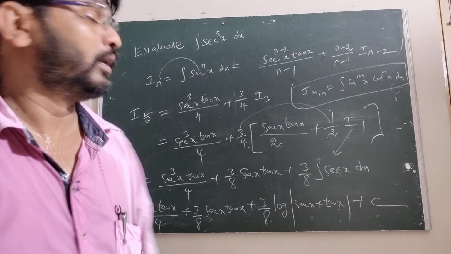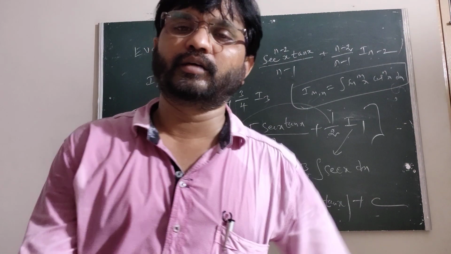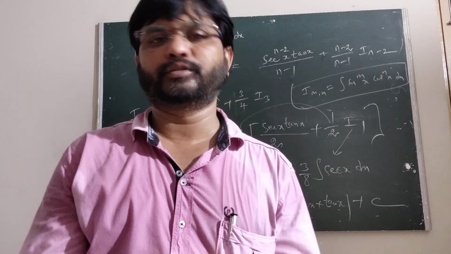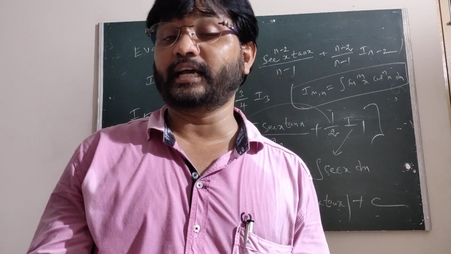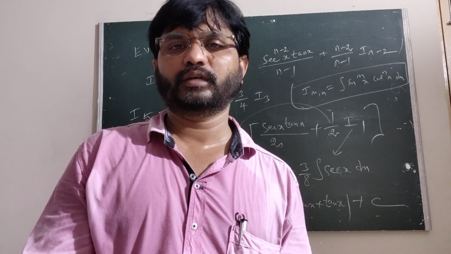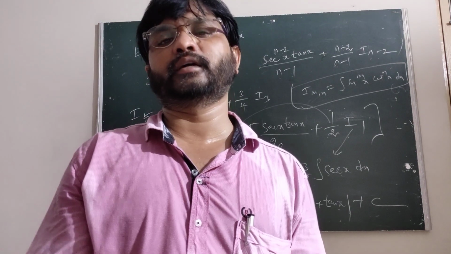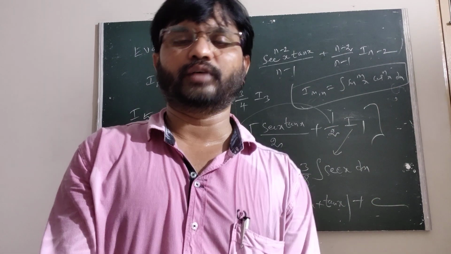Therefore the reduction formulas are very important from the board point of view. First of all we have 10 types of standard integrals. After that 4 types of rational trigonometric functions. Then integration by parts. Right now, reduction formulas.